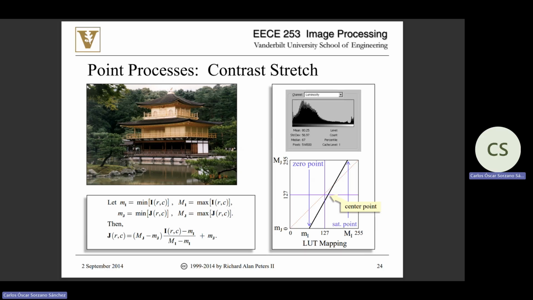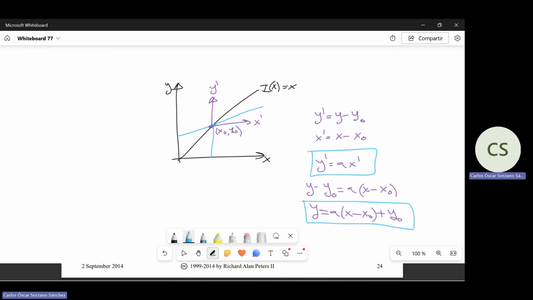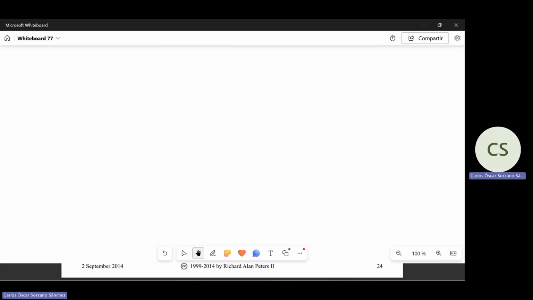So let's say that you have discovered that this is the minimum value in the input, this is the maximum value, and then you want the minimum value to map to 0, and the maximum value to map to 255. And in general, we can do it this way. So let's derive this.